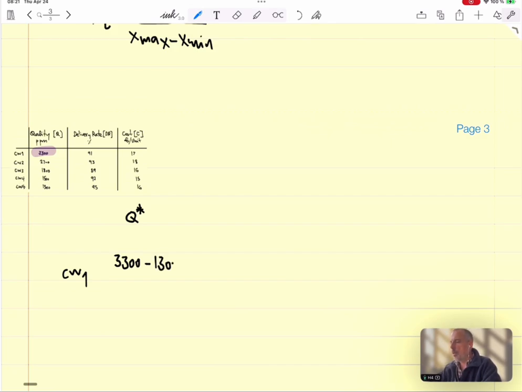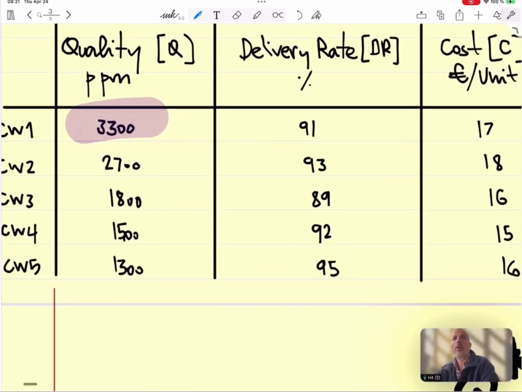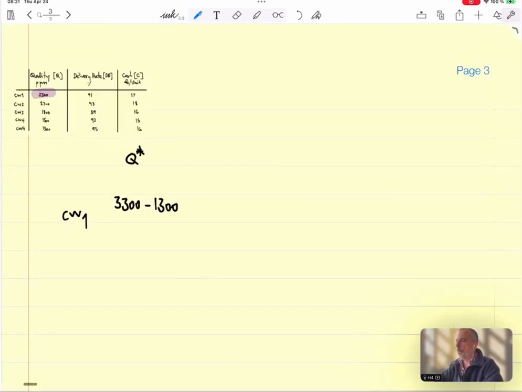You see that, right? Divided by the maximum of the series minus the minimum.